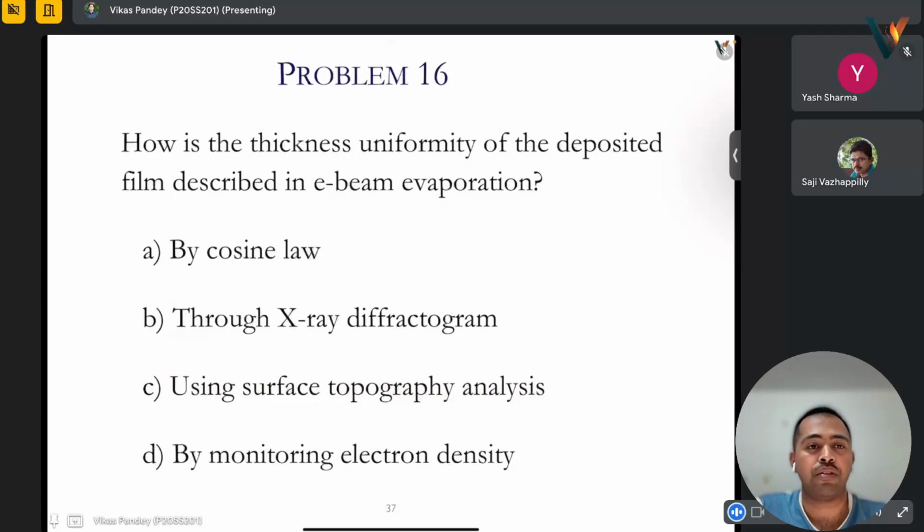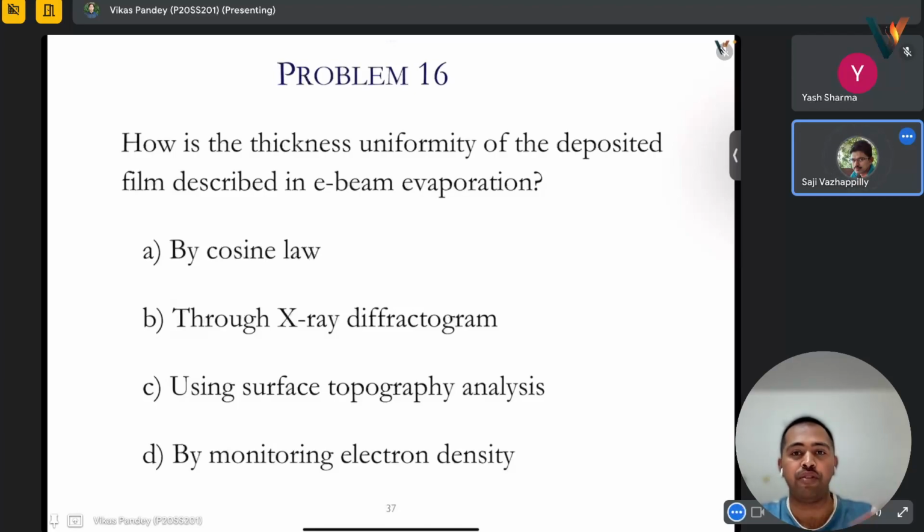How is the thickness uniformity of deposited film described in electron beam evaporation? By cosine law, through X-ray diffractometer, through surface topography analysis, or by monitoring electron density? Yes, any answers? So this, monitoring electron density. It is about uniformity.